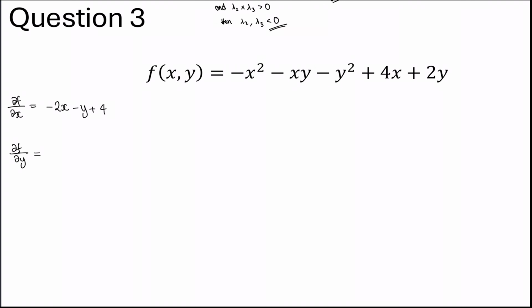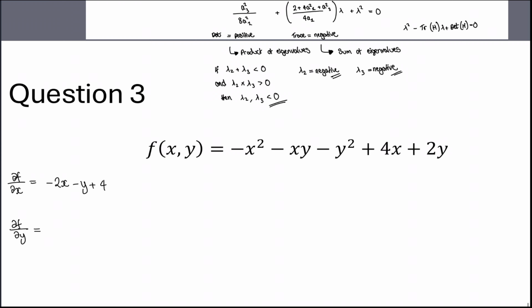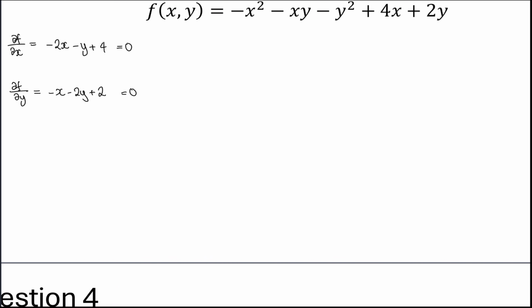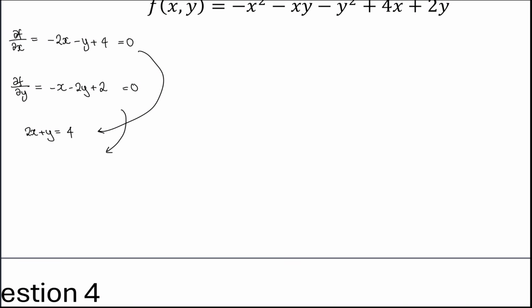And then partially differentiating with respect to y, we get minus x minus 2y plus 2. And both of these are equal to 0. If we now solve this, we can rewrite this first equation as 2x plus y is equal to 4, and this second equation as x plus 2y is equal to 2. So we get x is equal to 2 and y is equal to 0.